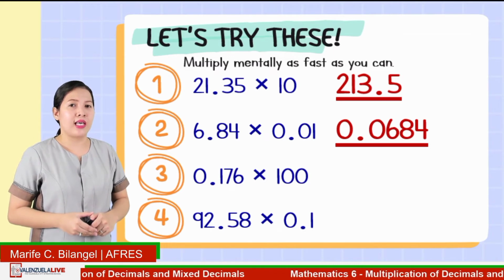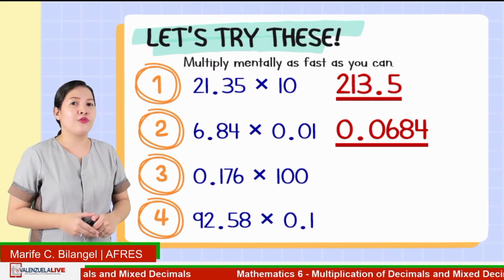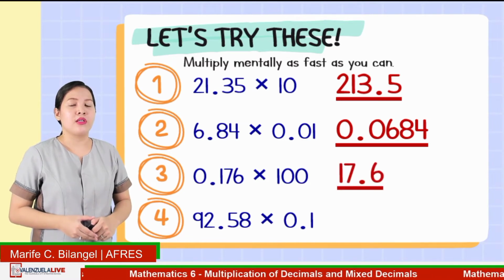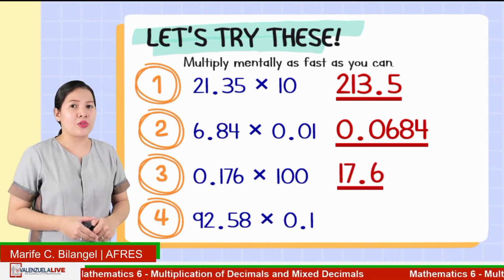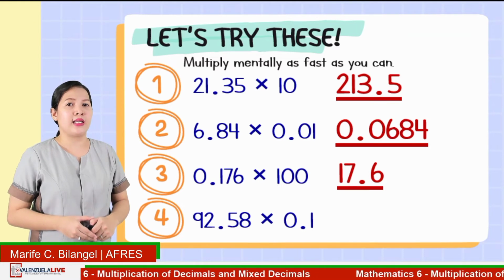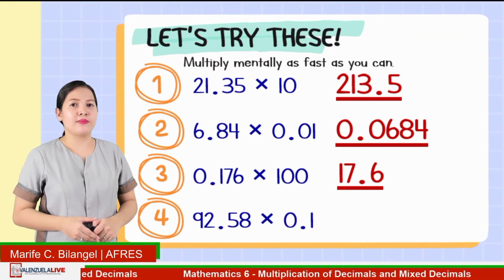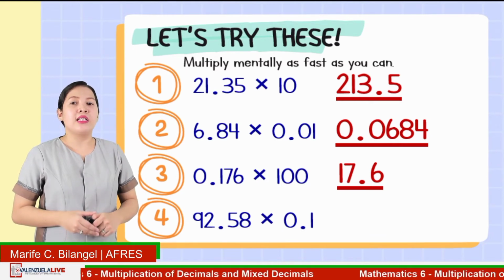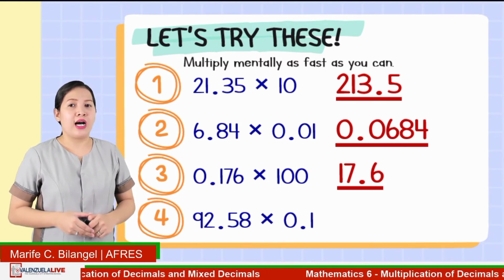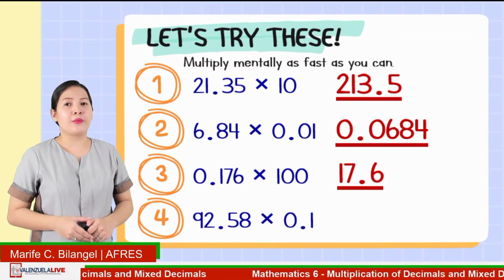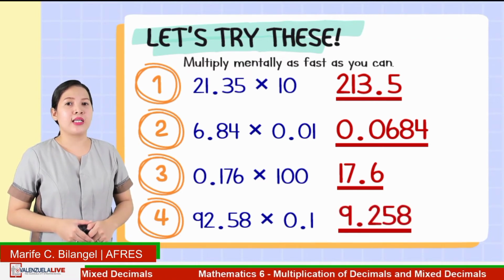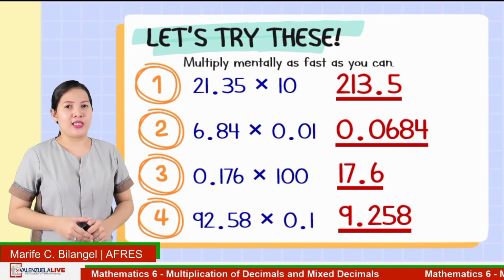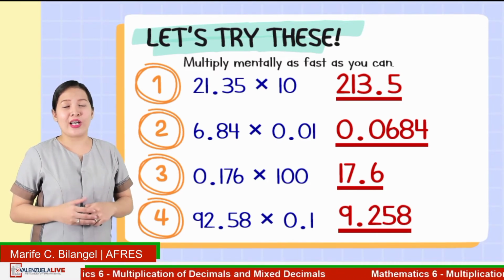The product is 684. 176 thousandths multiplied by 100, the answer is 17 and 6 tenths. 92 and 58 hundredths multiplied by 1 tenth, the product is 9 and 258 thousandths. Do you get all the correct answers?